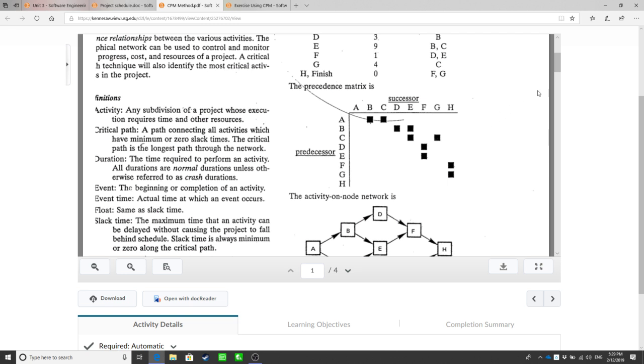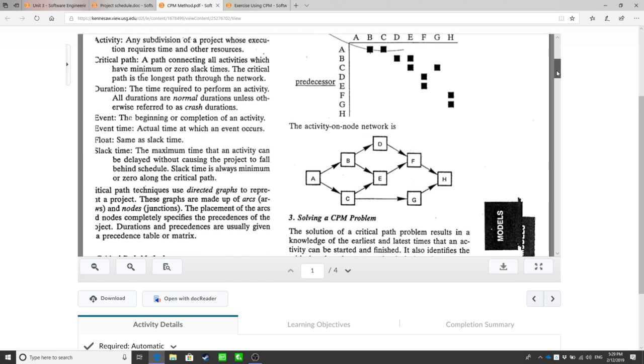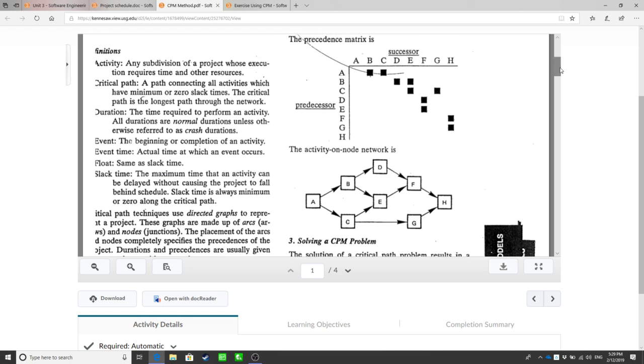All right, and another expression is here. The activity on node network. We have each activity as a node, and when you have a successor, you connect from this activity to the next activity.